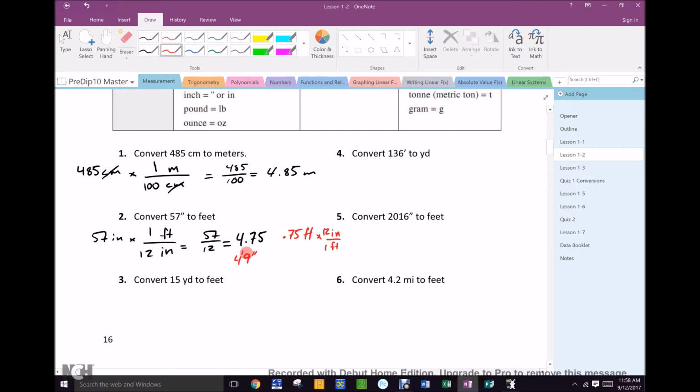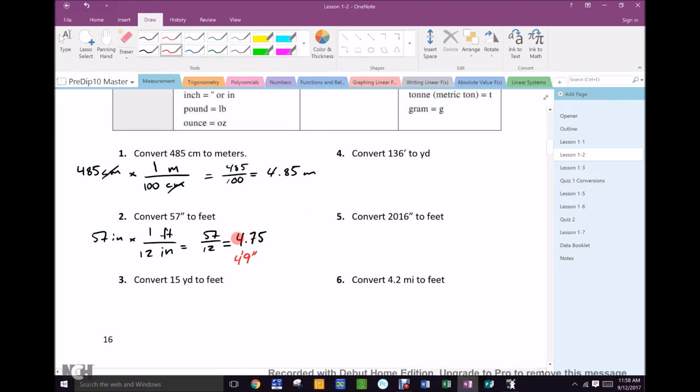Everybody with me? Is there another way you could have done that? Is there another way you could have found out it was 4 feet 9 inches without using the proportional reasoning or without knowing that it was 9/12? You could do like how you check, 12 times 4 is... Yes.